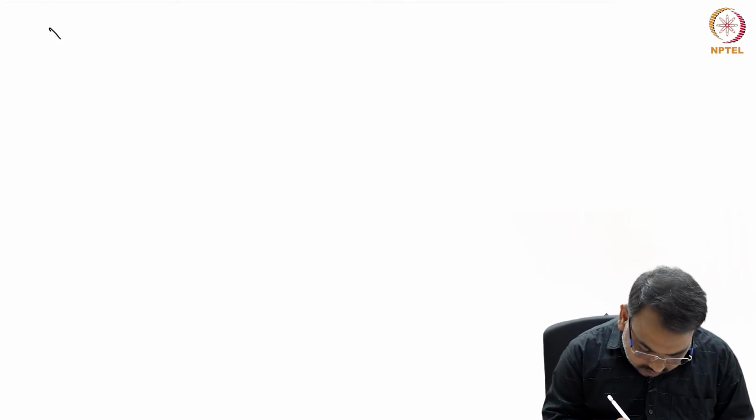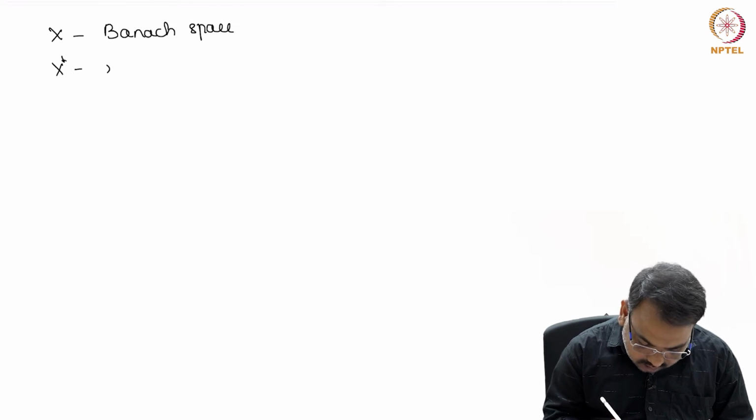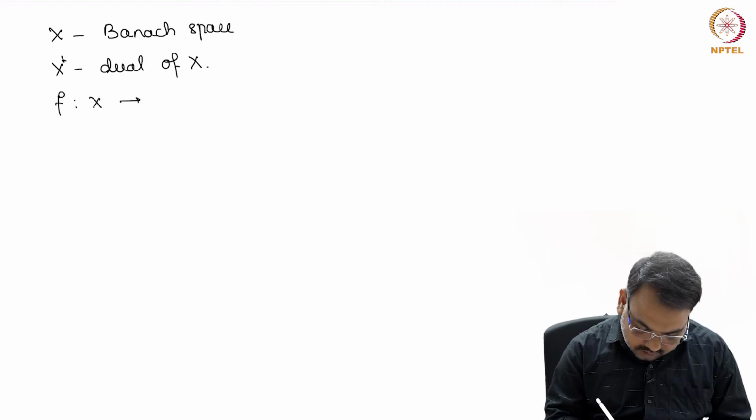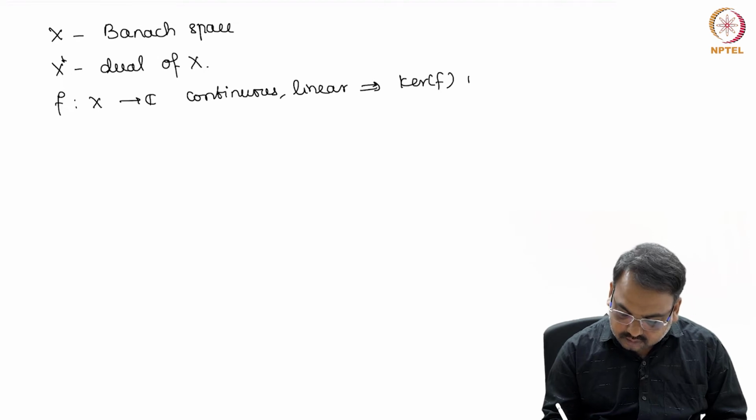So let us look at a Banach space. Let X be a Banach space. Then X star is the dual of X. If F is a map from X to C, continuous and linear, this implies kernel F is a maximal hyperplane.